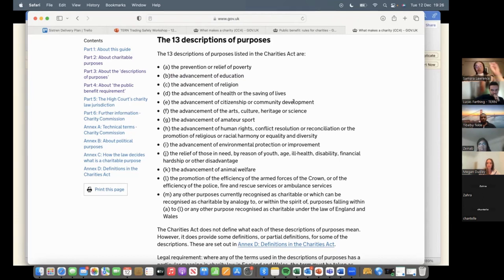What you pick will trigger a range of questions from the Charity Commission. So it only really works if you've got a well thought out purpose to develop later in the application, if that makes sense.